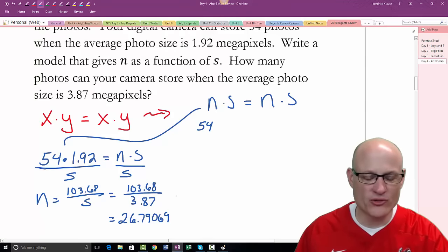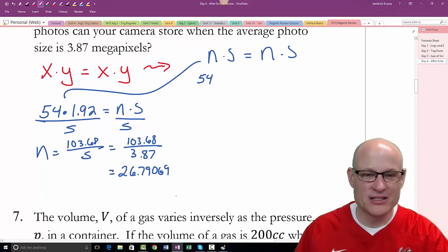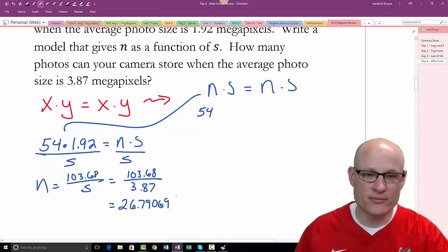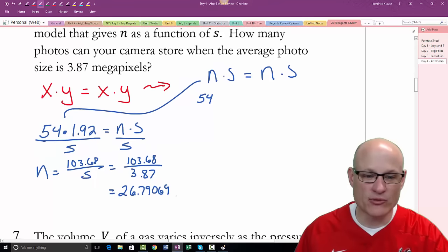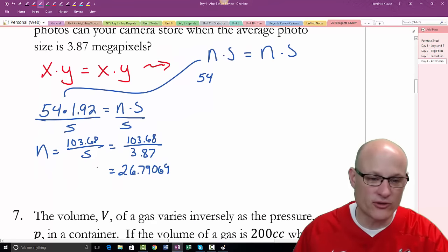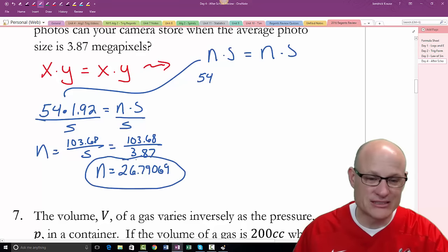How many photos can your camera store? So here's a tough question. This looks like you'd round it, doesn't it? But remember, this just isn't quite enough to get the next picture.